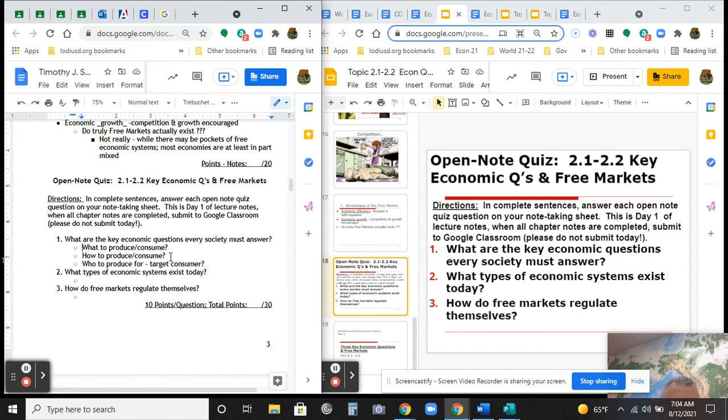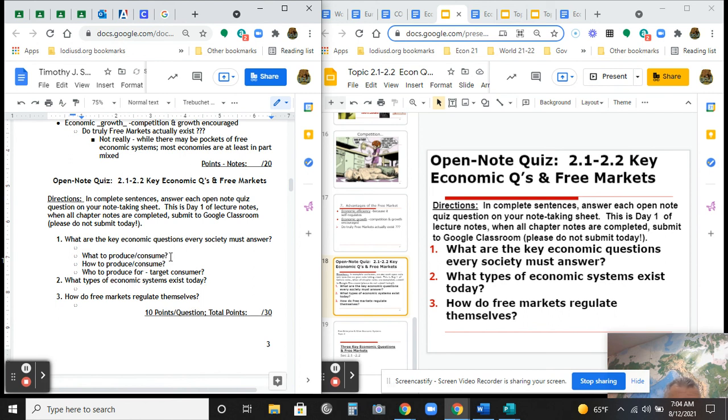Okay. Did I write a sentence? No. Can I turn it into a sentence? Of course. That's how you do it. So you get the ideas first, and then you double check and make sure it's a sentence. So how do I do that? I just go back and add some words from the question into the answer to make sure I have a complete thought. The key economic questions every society must answer are.